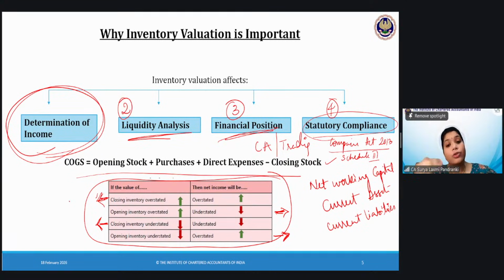You'll have to clearly show the raw material, the finished goods, or whatever classifications you have, and classify them properly and show the value of each one of them properly. That is why inventory valuation is important. You can't randomly say the value, right? You will have to have a base of telling that this is the calculation, or this is the value that I have determined using this formula or this method. These are the 4 main reasons why inventory valuation is important.